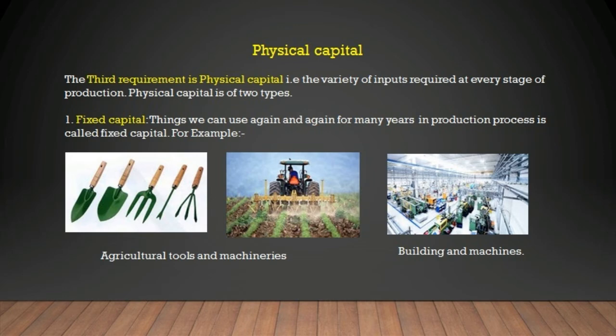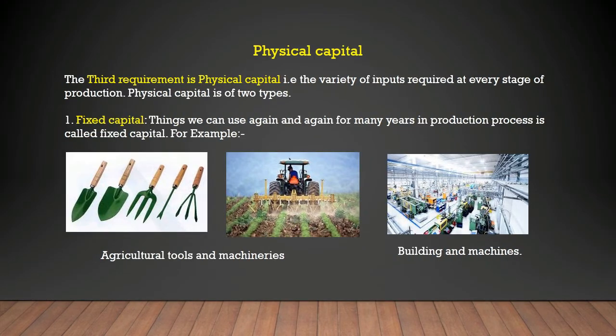Similarly, there are buildings, and there are so many machines in the factories also. They are all called fixed capital. We buy or purchase them only once, and then we can use them again and again for many years. That is why they are called fixed capital.